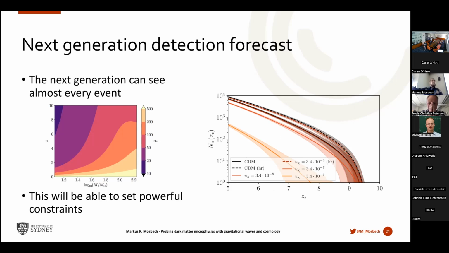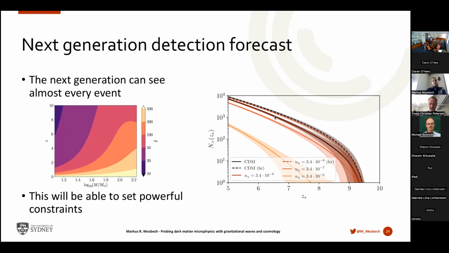If we see an event, what redshift would we infer probabilistically if we take into account the uncertainty in the instrument? So we're saying we're going to be wrong sometimes about the redshift, and then we're going to be measuring these redshifts. And what we show on the y-axis is how many events we are going to see above an inferred redshift of z star, after taking the redshift uncertainty of the instrument into account.